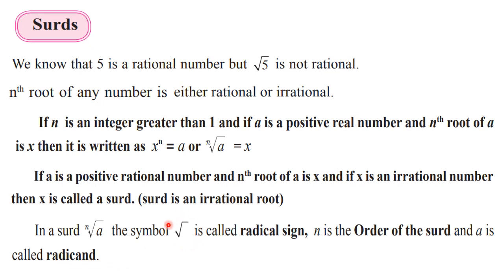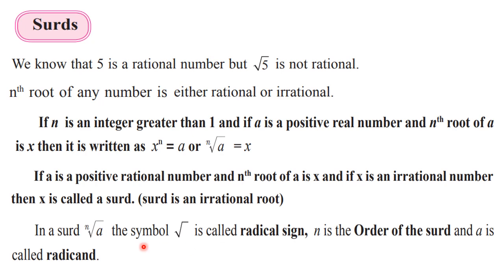Once again, the symbol here is called the radical sign. The number which is written here outside but small, you can compare the font size, is smaller in size. This number just outside the symbol is called the order of the surd, and the number inside is called the radicand. You can underline these important terms in your textbook.